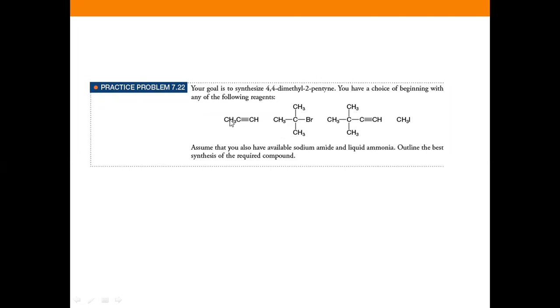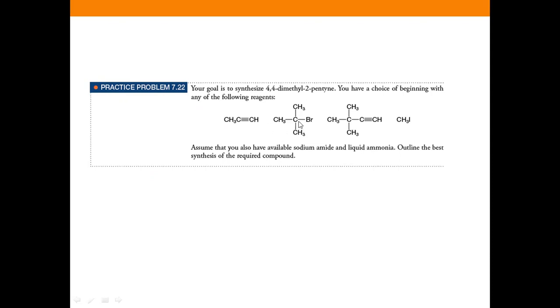So what you can do instead is use this one: once you produce your alkynide here, you can do the substitution reaction with the alkyl bromide to produce this one.